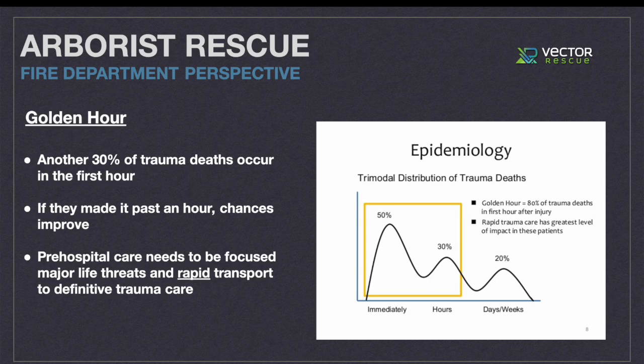So if you keep that in mind when approaching any technical rescue incident, we really need to focus on treating major life threats, removing the victim from the circumstance they're in, and providing rapid transport to a definitive trauma care center.